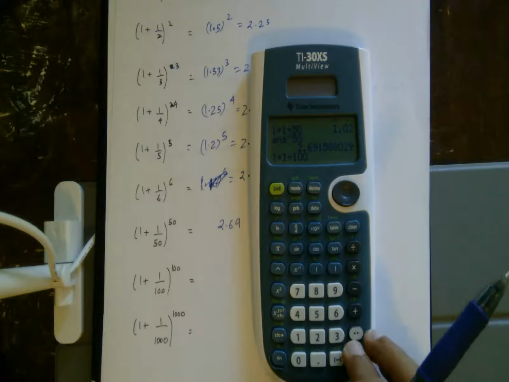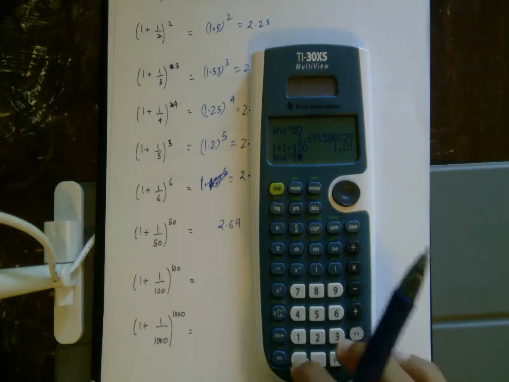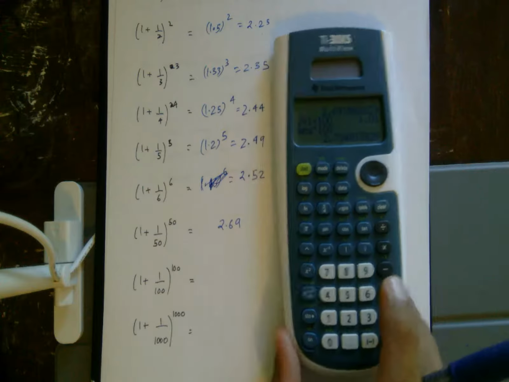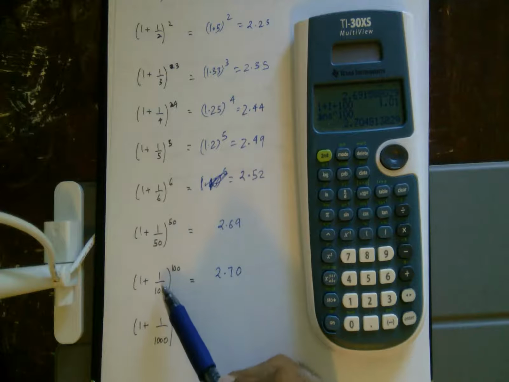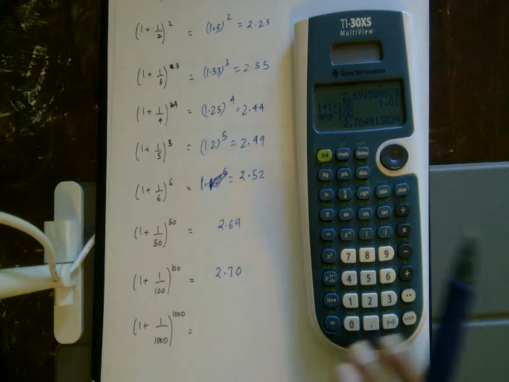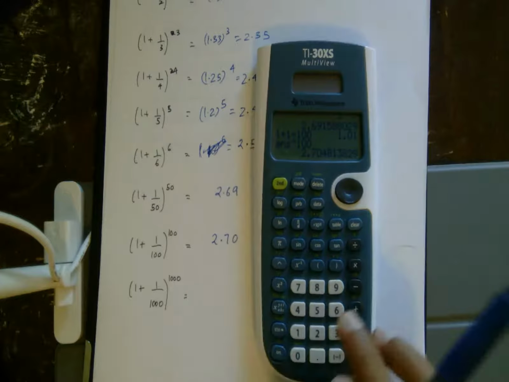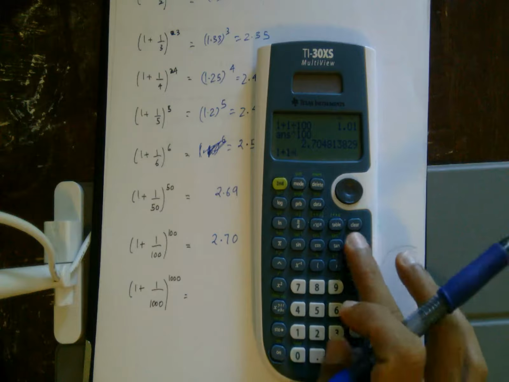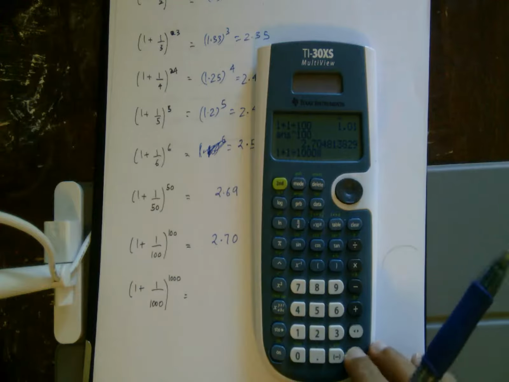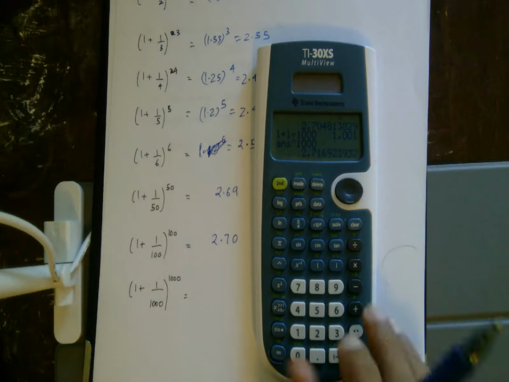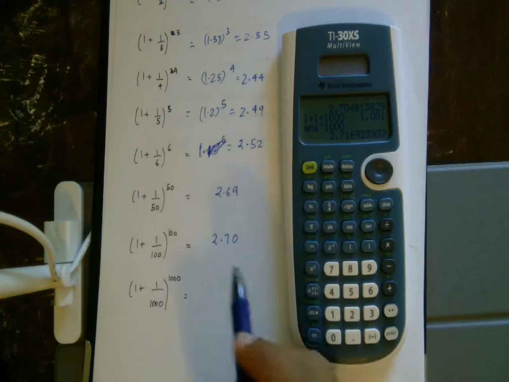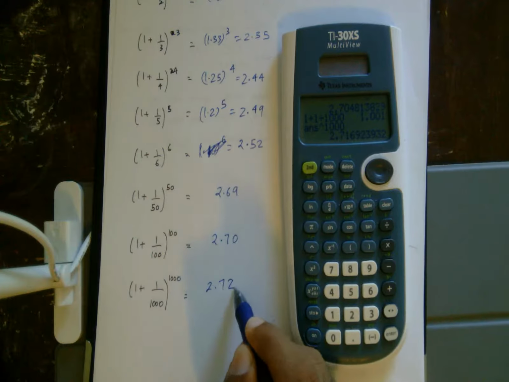1 plus 1 over 100, raise that to 100, 2.7. Now it's interesting. I almost doubled this number, and this increase is so tiny. 1 plus 1 divided by 1000 to the power 1000, that's roughly 2.72.